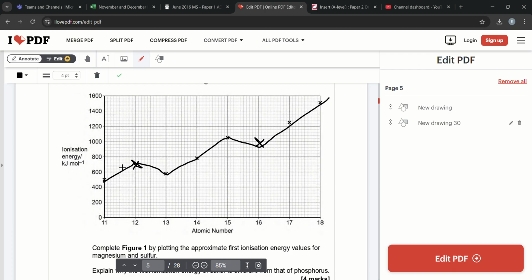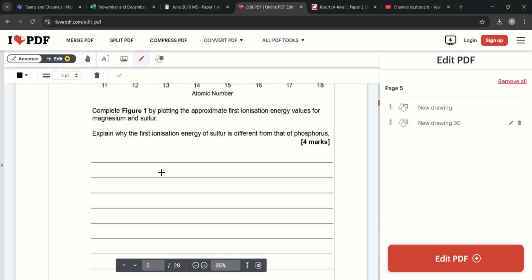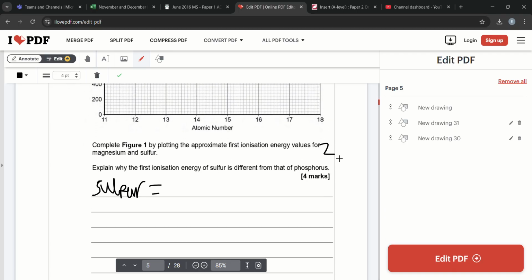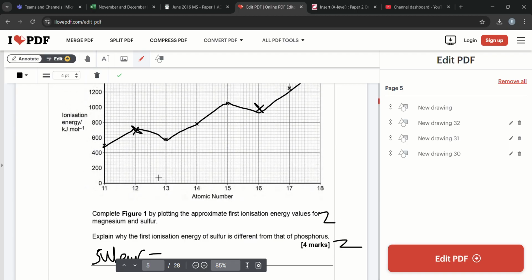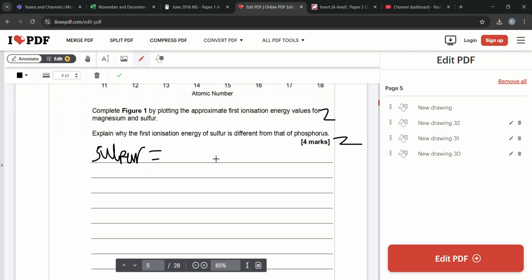Obviously, don't draw the lines together. Just plot the points for magnesium and sulfur. Then it says explain why the first ionization energy of sulfur is different from that of phosphorus. Before I even do this question, there's probably 2 marks for plotting the 2 points and 2 marks for this one.